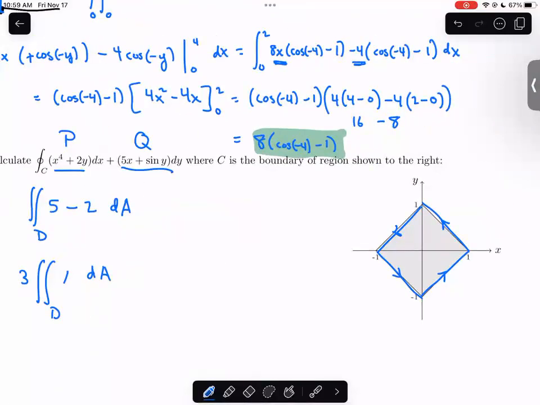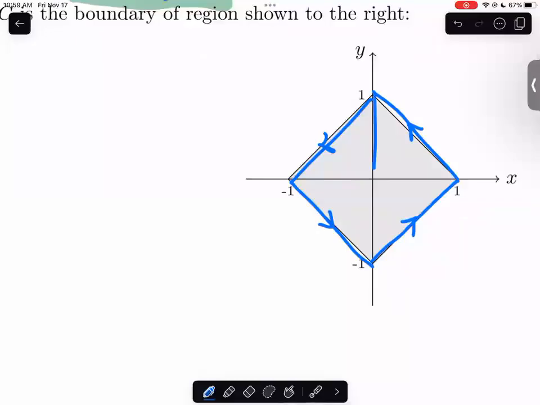So going over here, if I want to evaluate the area, you do have to be a little bit careful. This is not a 1-by-1 square. And so you could either use the Pythagorean theorem and get that this is going to be root 2, so it's actually a root 2 by root 2 square. Or, of course, you can break this up into your 4 triangles as well.